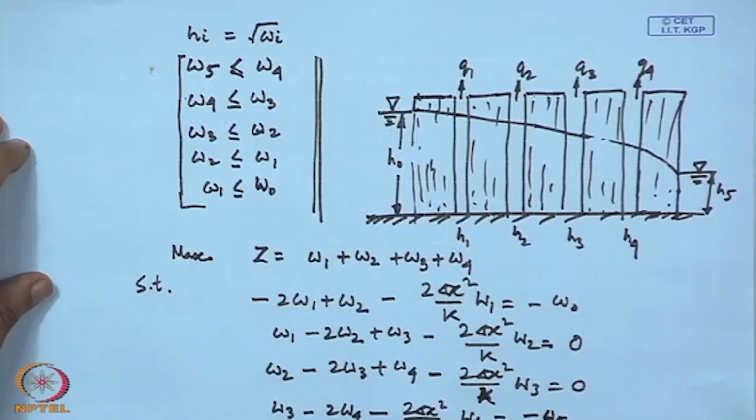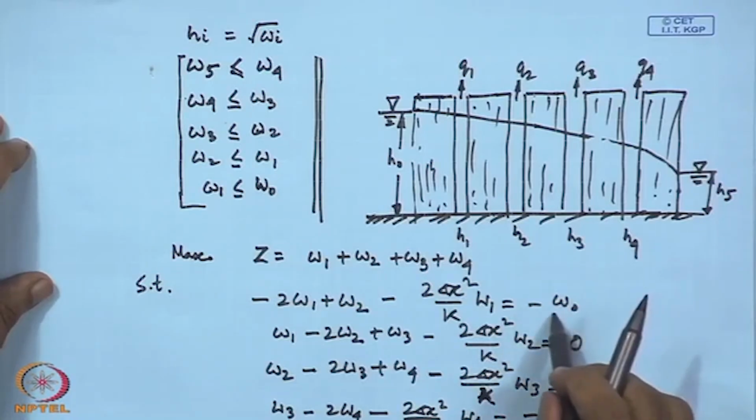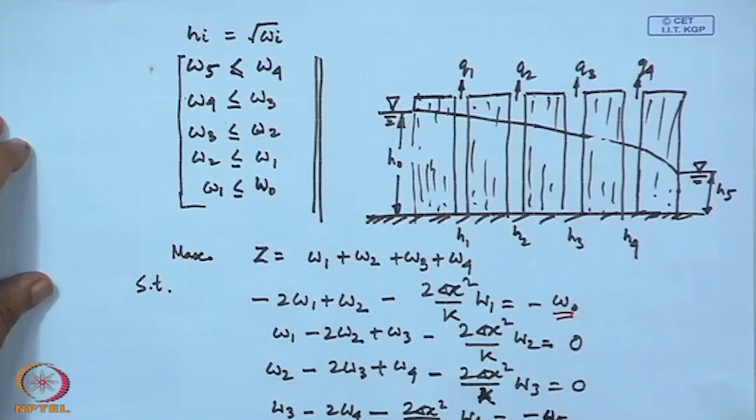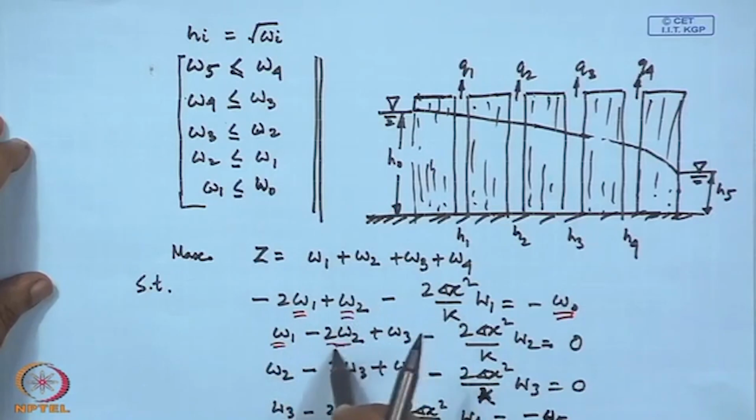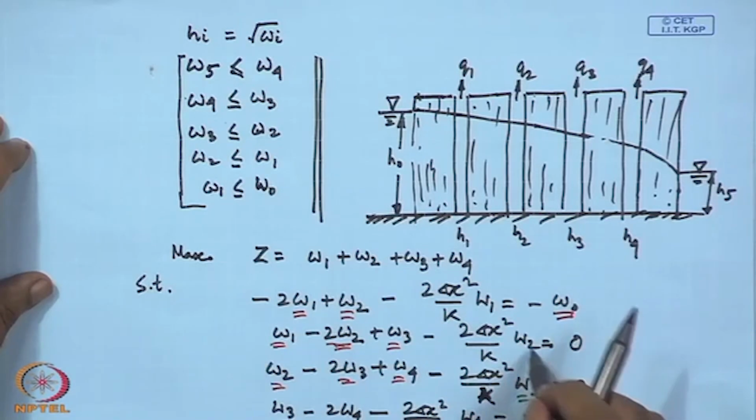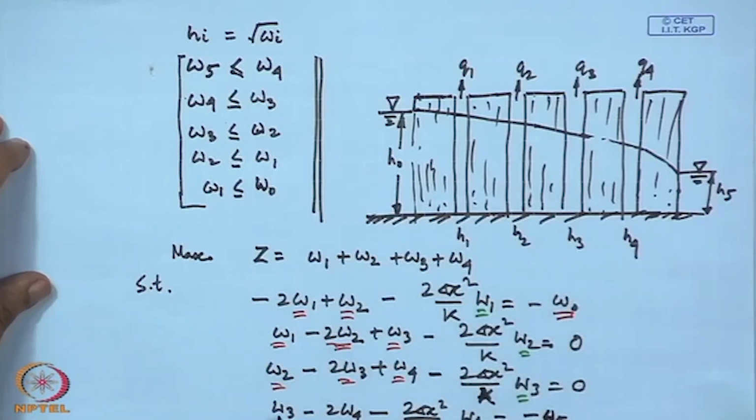These are small w's, and these are basically capital W values, or pumping values. These correspond to our hydraulic head.